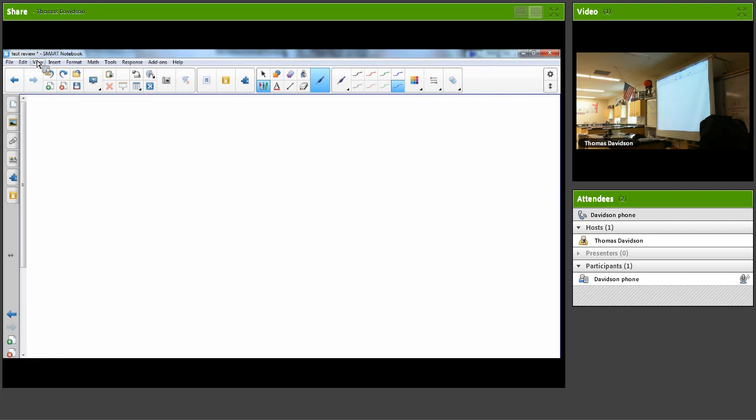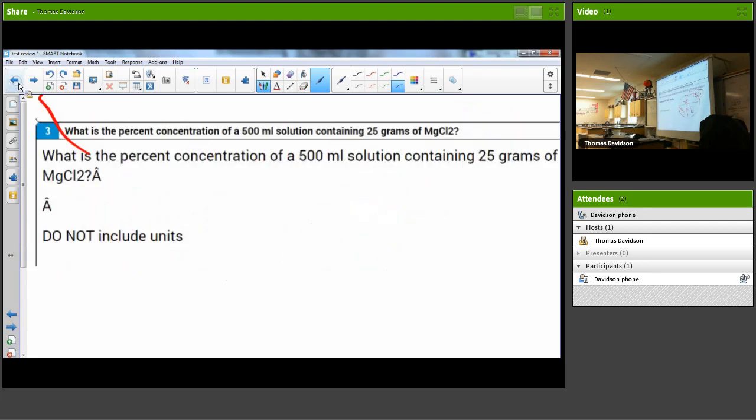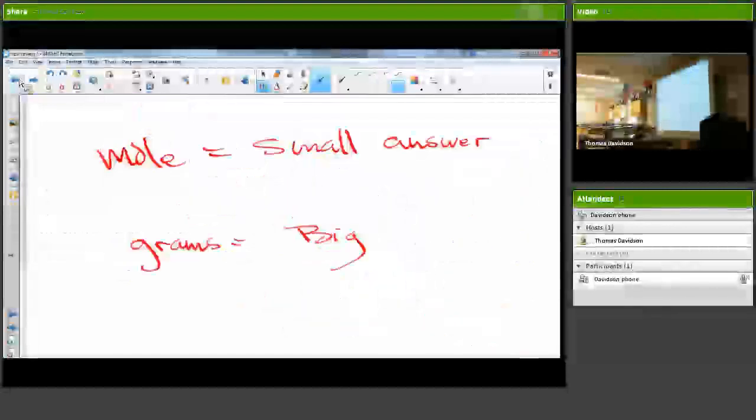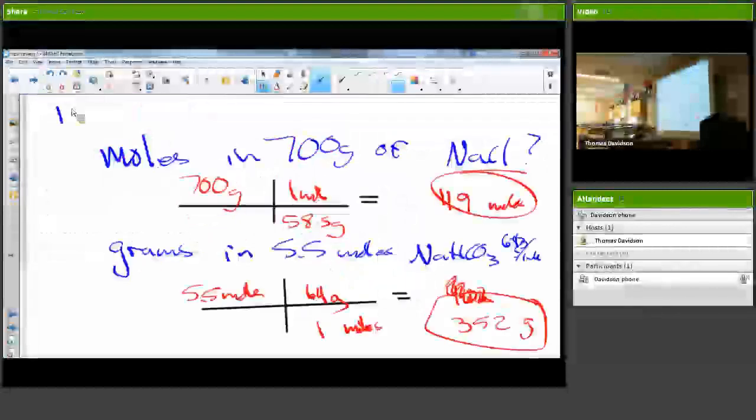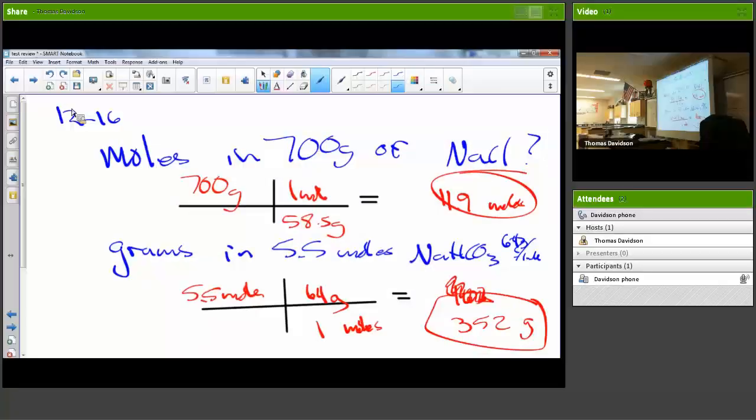Next page. 9, 10, and 11 ask you to calculate the molar mass of the following compound. That's where you just add the pieces. 12 through 16 were the simple ones. Moles or grams, given grams or moles.